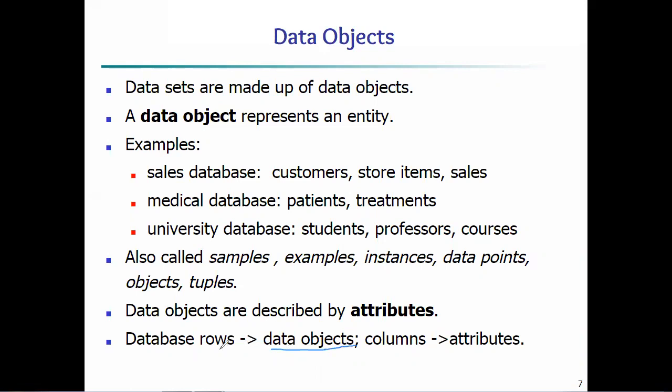What is represented in rows is called objects, and what is represented in columns is called attributes. Again I will repeat: in a university database, student is the object, and the attributes are roll number, name, address. So we have to give the title data objects and attributes. You know all these things, but you should know the technical words in data mining.